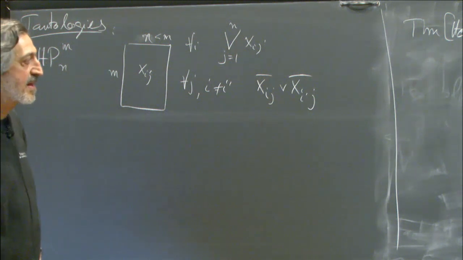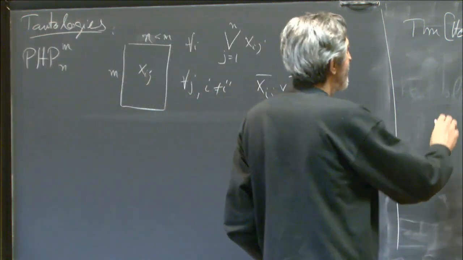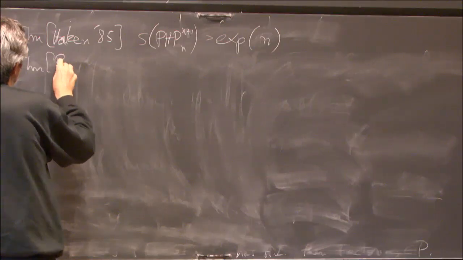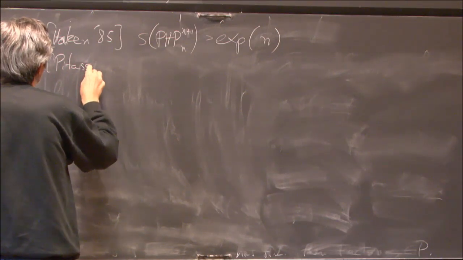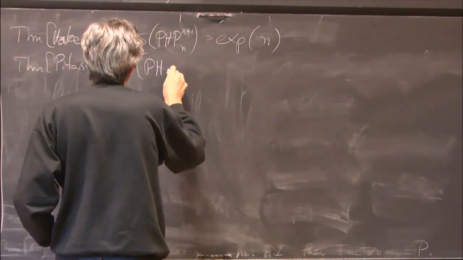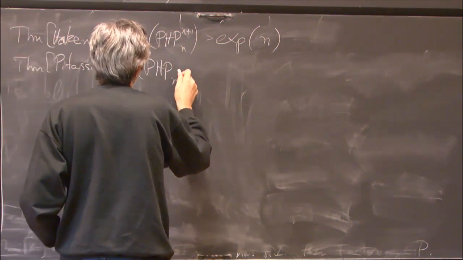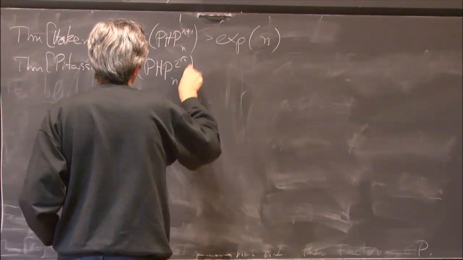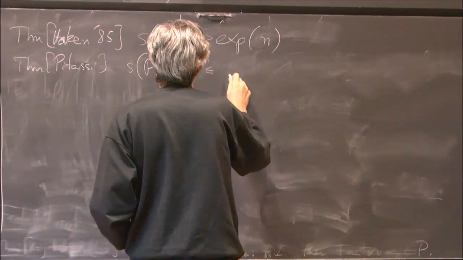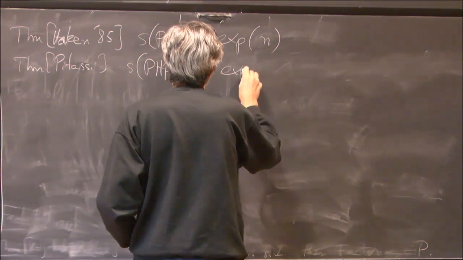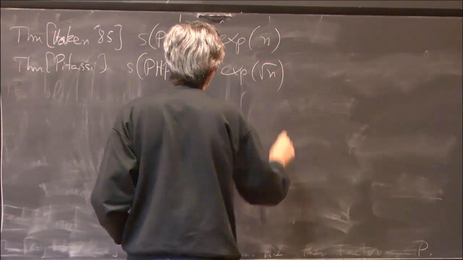Actually, it's really interesting that Toniann Pitassi observed that if you have many pigeons, let's say you have 2 to the root n pigeons, then this is at most sub-exponential, roughly.